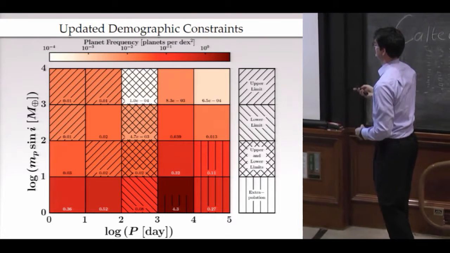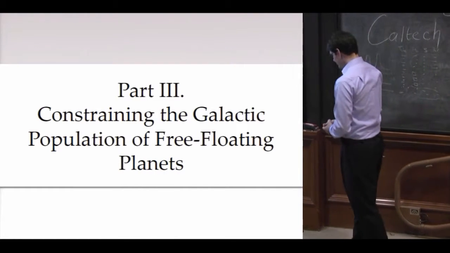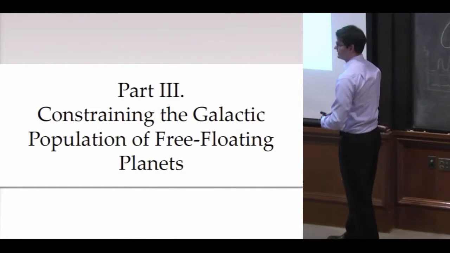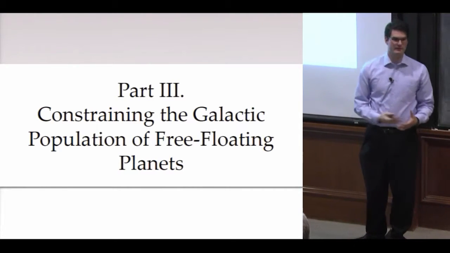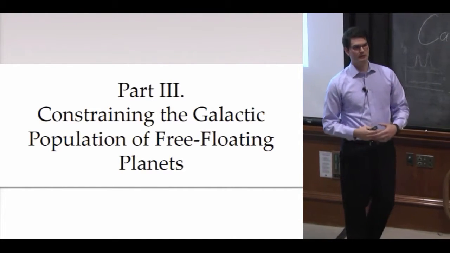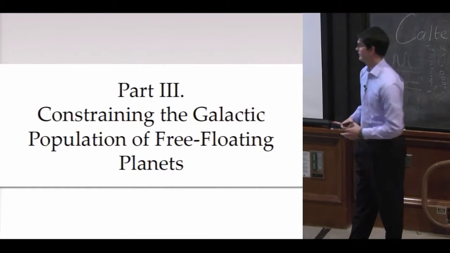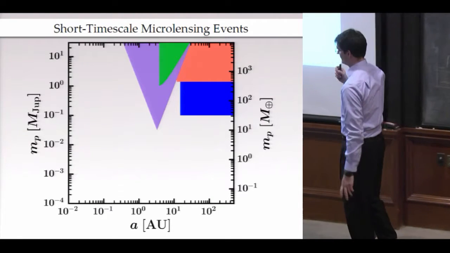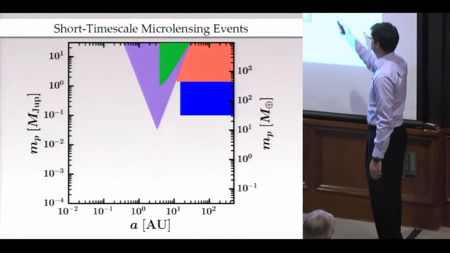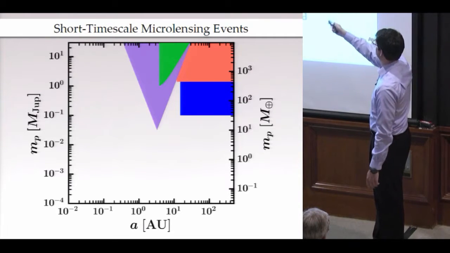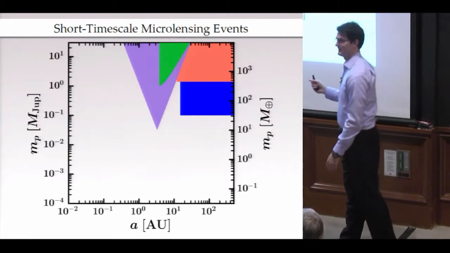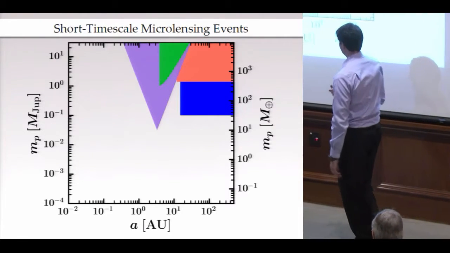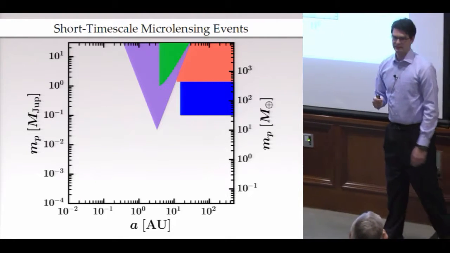This brings me to the last part of my talk, which is how we can use this information, as well as other information from microlensing, to constrain the galactic population of free-floating planets. Now, I just mentioned that we have no sensitivity to planet detections in this region down here, but it turns out that's not actually strictly true. In fact, we do have some sensitivity to planet detections there.